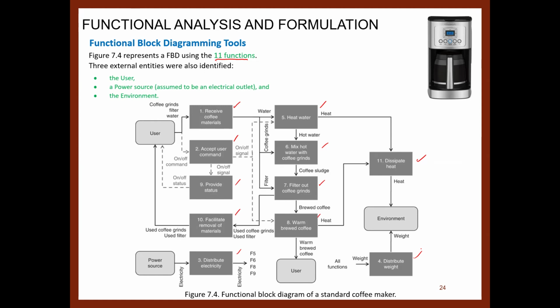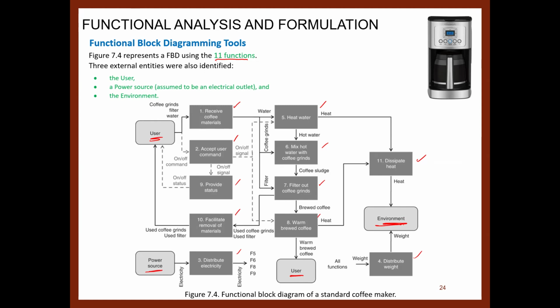And then you also have 3 external entities. The user, which is here. The power source, which is here. The user is also here, and the environment. So other than the external entities, the rest of the diagram is just showing your functions.